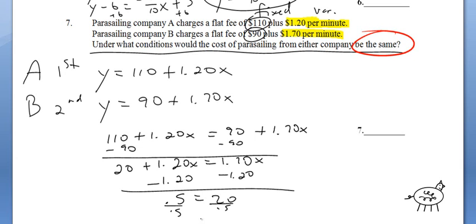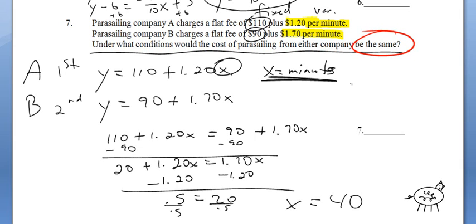Again, use your calculator, I don't care. x comes out to be 40. So remember what x represents: it's $1.20, and then it's per minute. So x is minutes. Okay, so that's our answer. They'd be the same cost after 40 minutes.